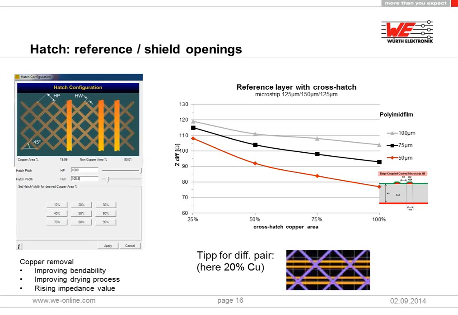Now there is a special tip for the differential pair design. The small picture shows roughly 20% of copper area. To improve the return path, the tip is to have the two differential pairs symmetrical to the web knot, so to improve the return path.